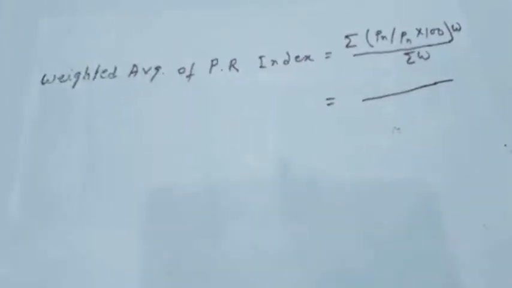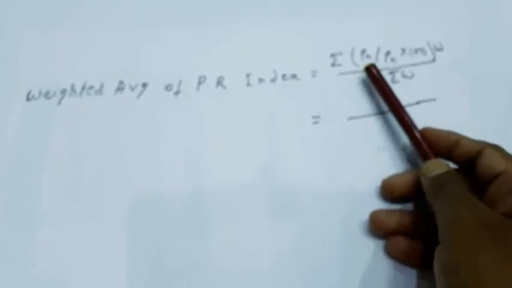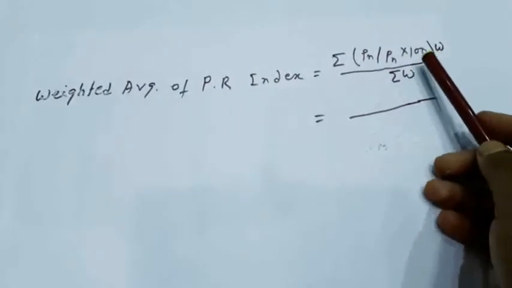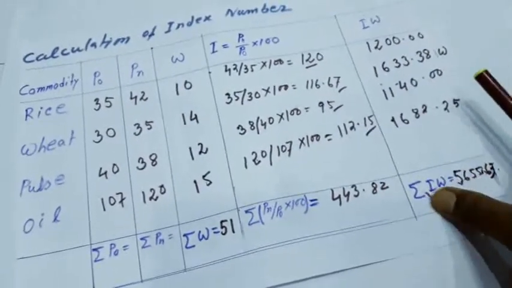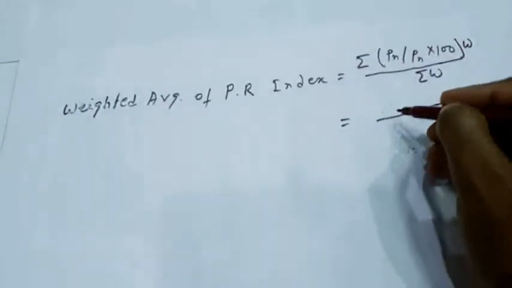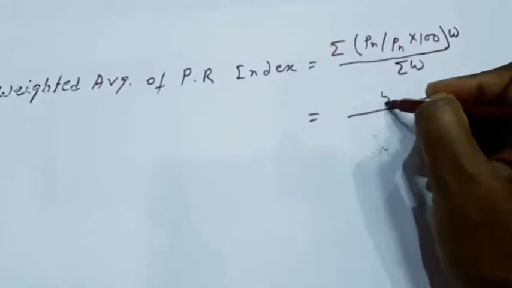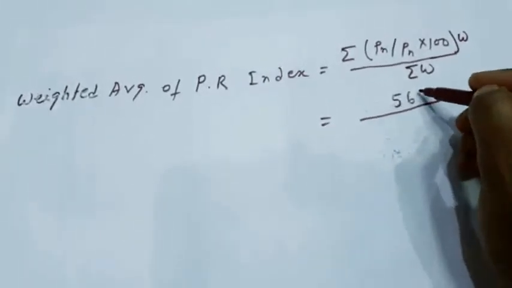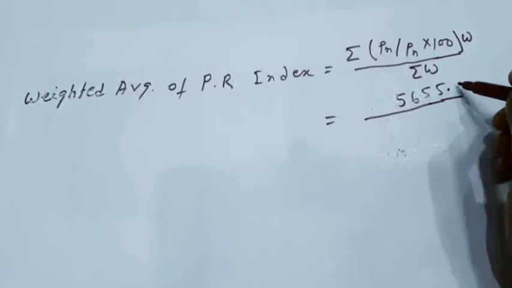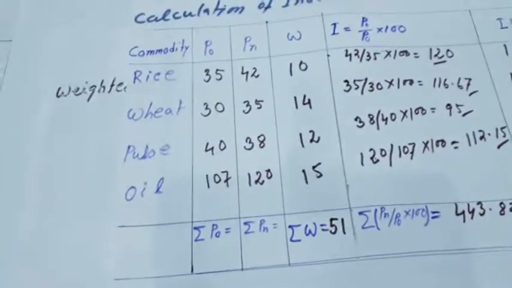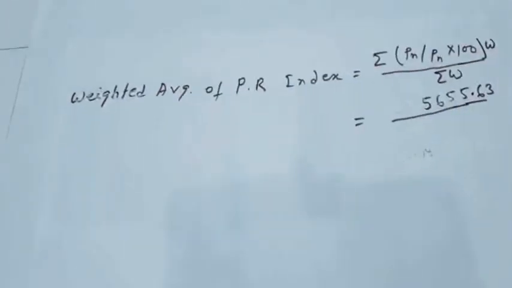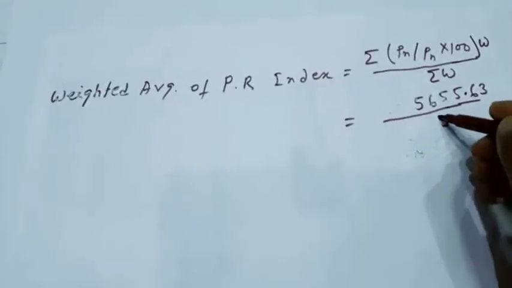And the formula was this: weighted average of price relative index equals summation Pn by P0 into 100 into W by summation W. What is the result of Pn by P0 into 100 into W? 5655.63. And summation W was 51.